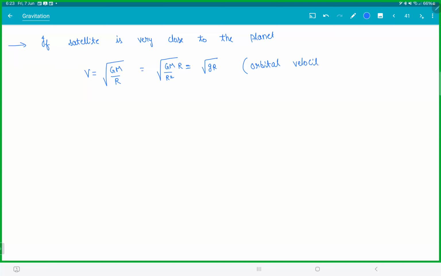So basically, the velocity when you're pretty close to the planet is called orbital velocity. For Earth, this comes to around 8 kilometers per second, 7.8 something.